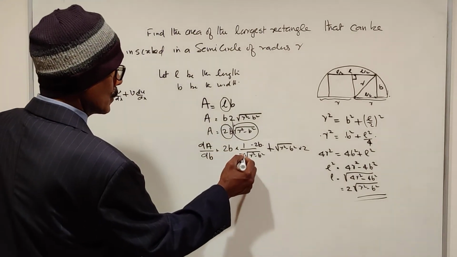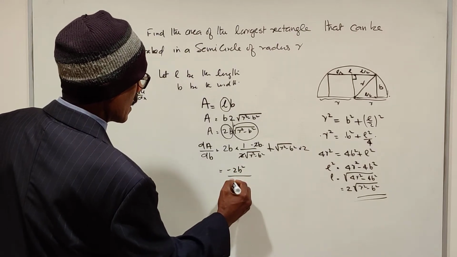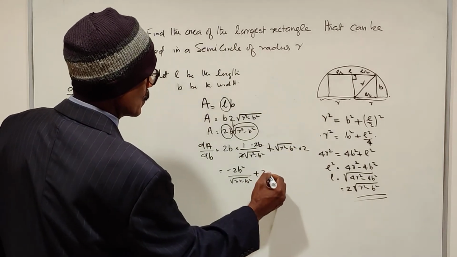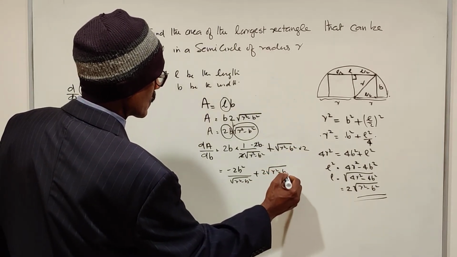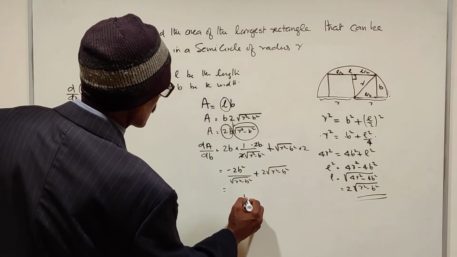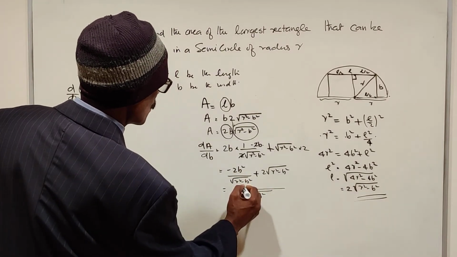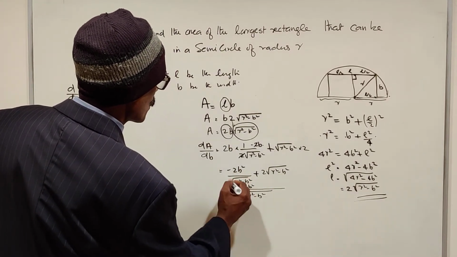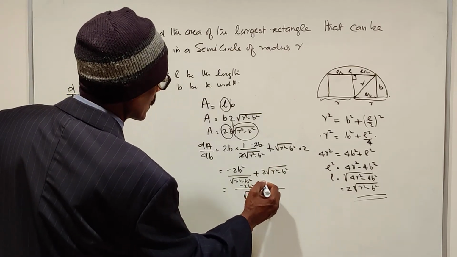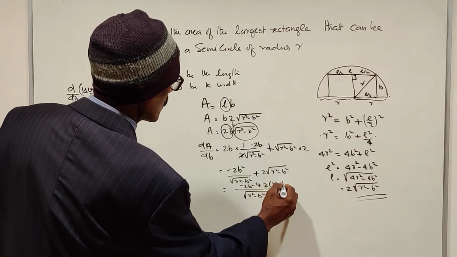2 cancel. So minus 2b square by square root of r square minus b square plus 2 into square root of r square minus b square. Then take square root of r square minus b square as a common factor. You get minus 2b square, multiply root of r square minus b square times 2, plus square root gets cancelled, plus 2 into r square minus b square.